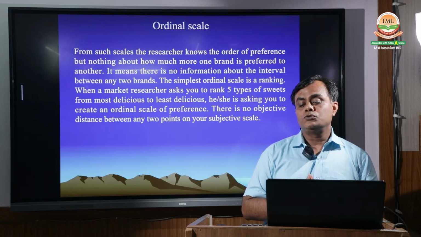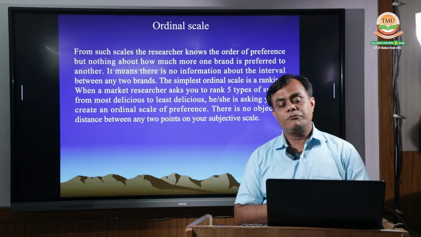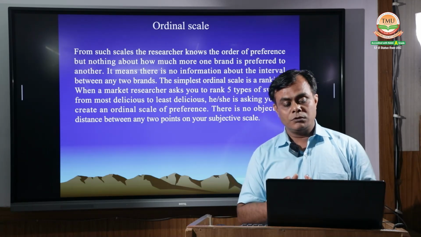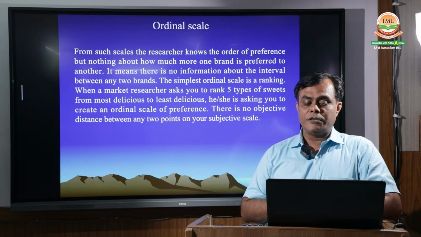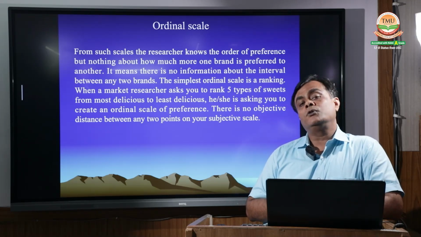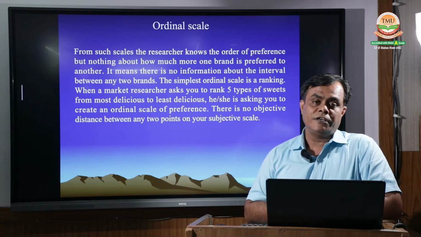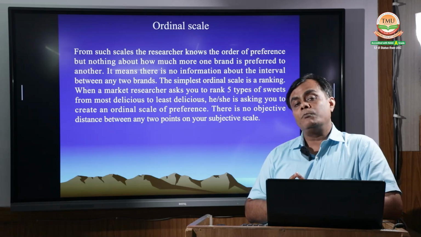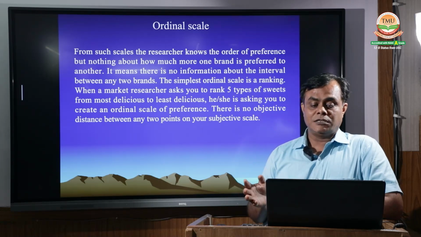It means there is no information about the interval between the two brands. We are not measuring the preference on the basis of numerical value, so we cannot say how much we prefer one brand over another.